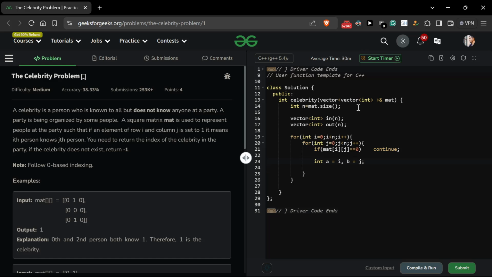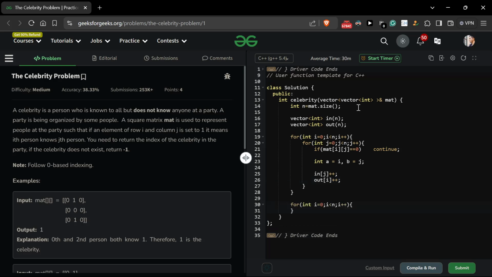Then we have an edge from I to J, so there is an outgoing edge from I. So we have to increment out of I and in of J, because there is an incoming edge on the jth vertex. I don't think we require A and B.